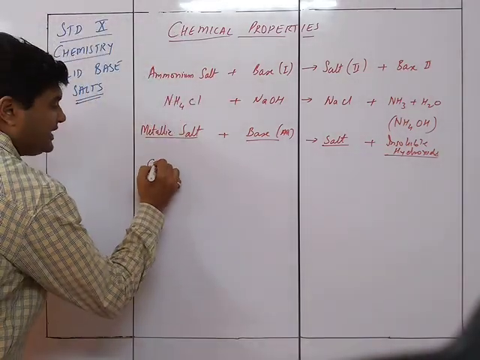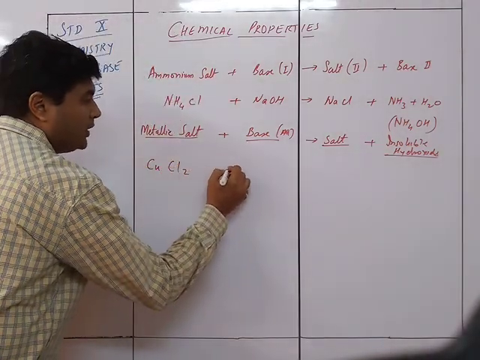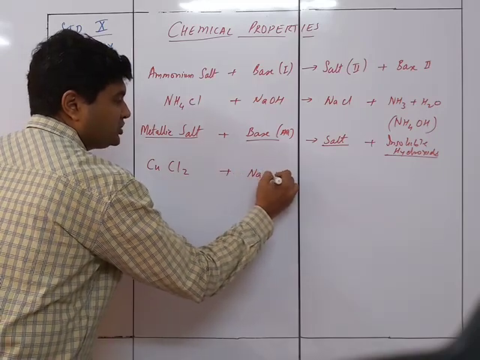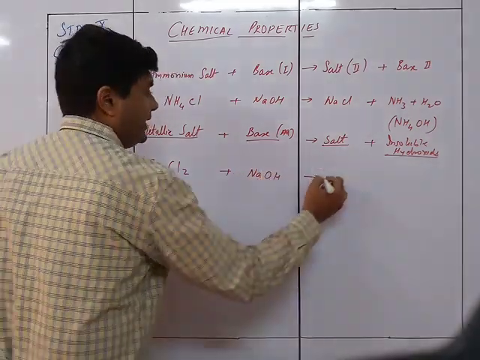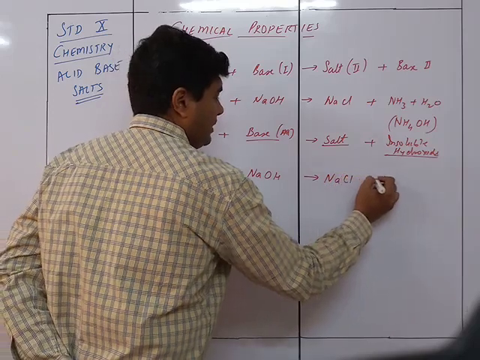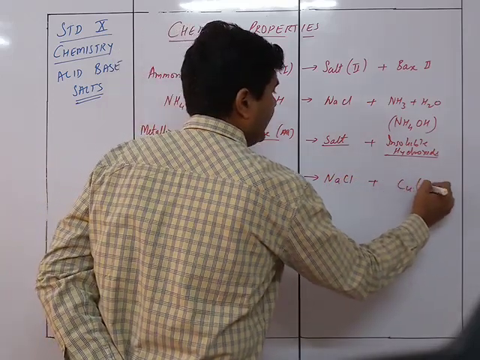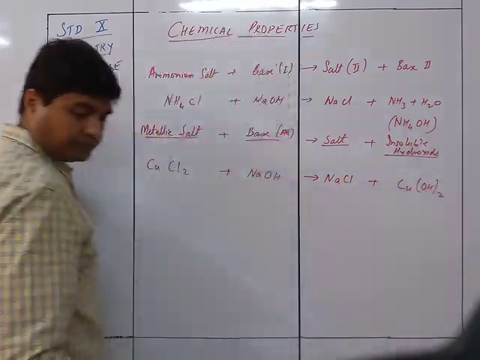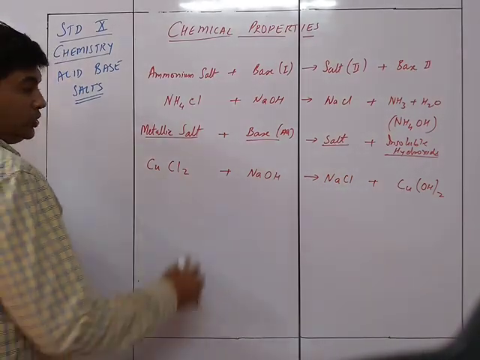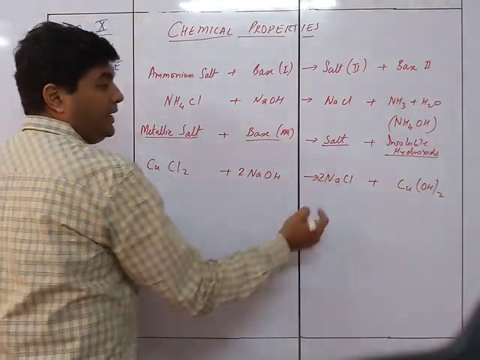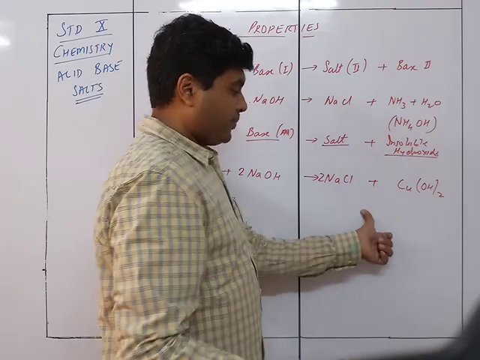For example, CuCl2 plus NaOH is going to give me NaCl plus Cu(OH)2. Balancing here. Now this is the important part.